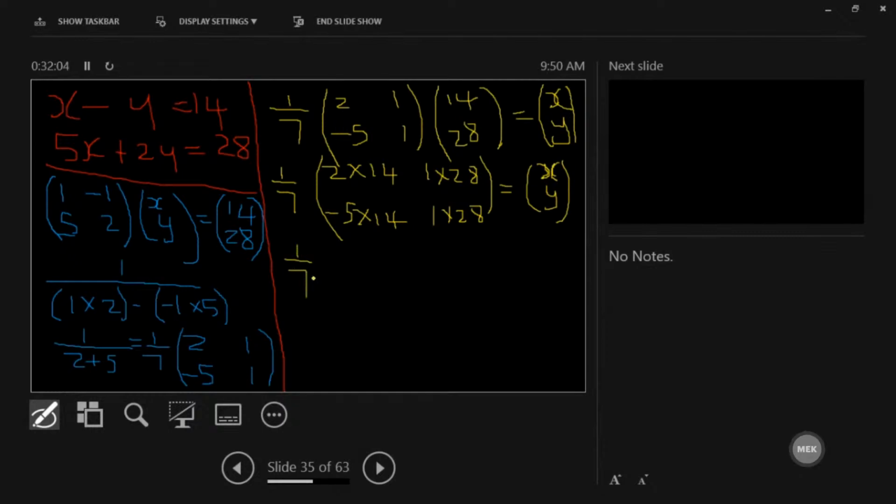And the 2 times 14 is 28. And 1 times 28 is 28, sorry. Negative 5 times 14 is negative 70. 1 times 28 is 28.